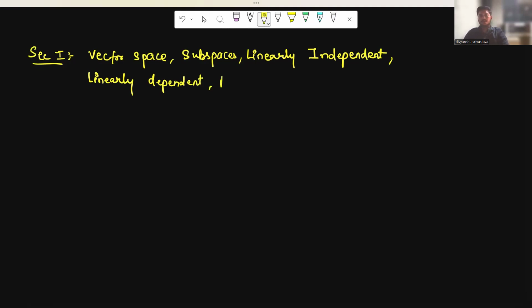Next one is finite dimension vector space. Next one is infinite dimension vector space. Next is basis, and then basis and dimension.